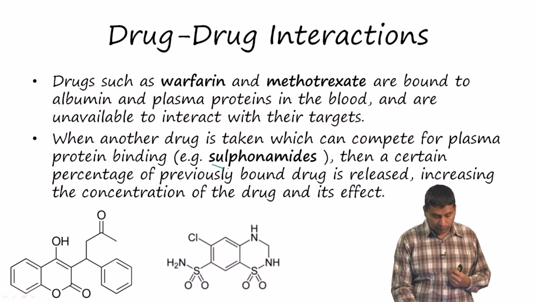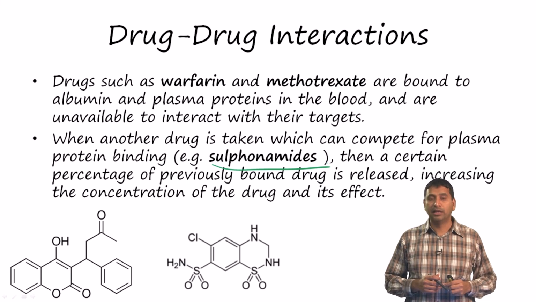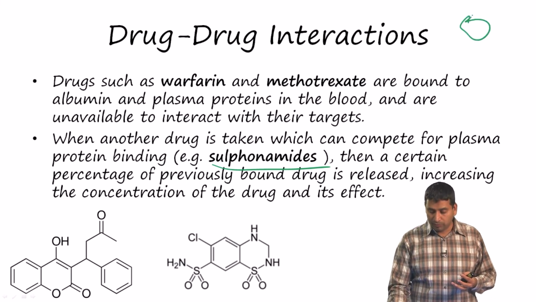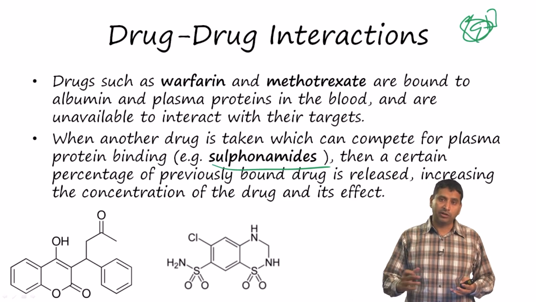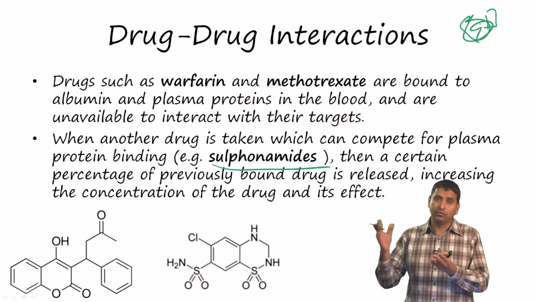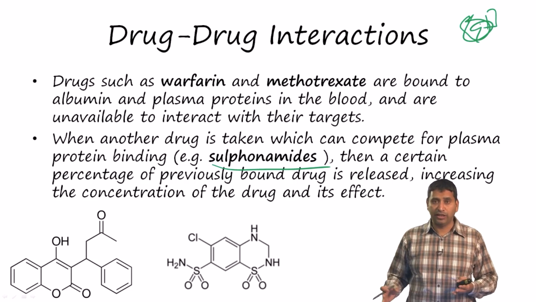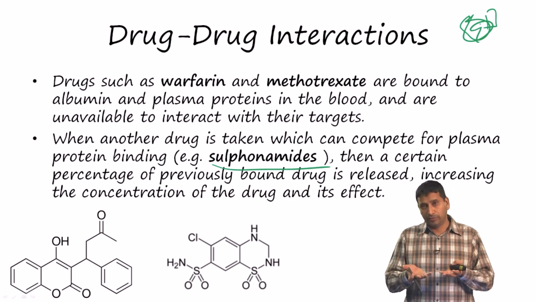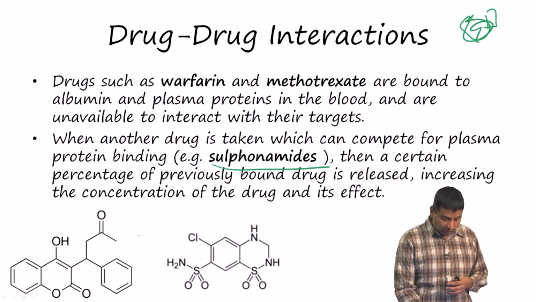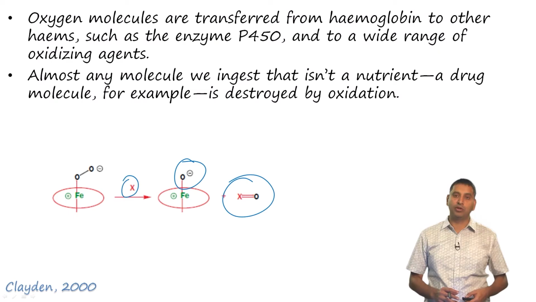The example here is sulfonamides, which were used as antibacterial agents. Once there is competition from another drug, the first drug starts to get out. Once the previously bound drug is released, an increased concentration of the free drug results, and so warfarin may have an unexpected effect when you take it with sulfonamides.